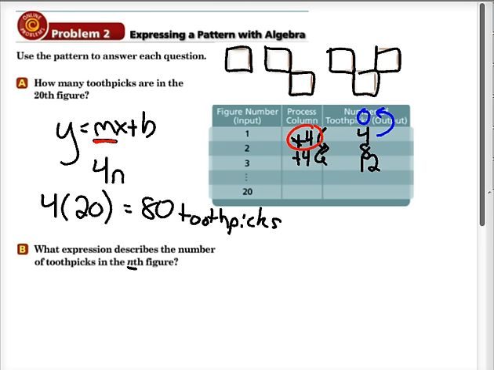All right, what expression describes the number of toothpicks in the nth figure? Well, we don't have anything more to do here. Didn't we do that in the first part? I already calculated that to figure out how many there are in that nth figure is 4 times n, okay? 4 times that figure number.